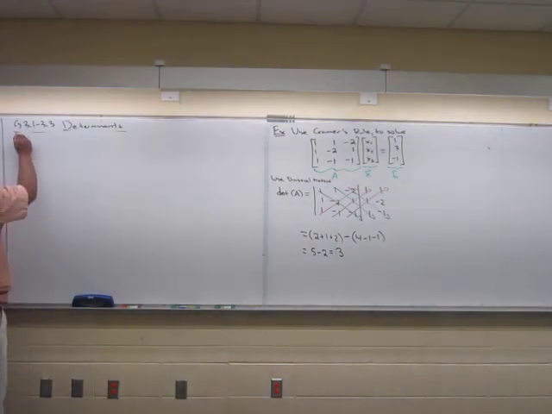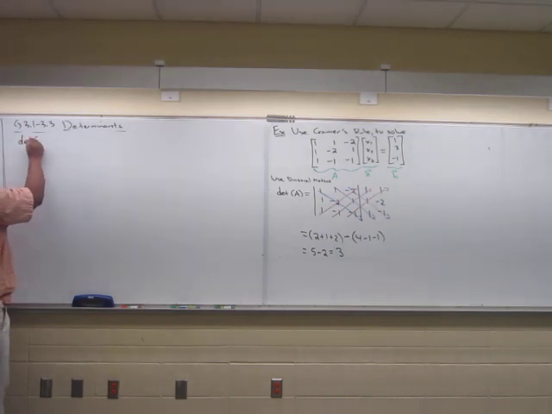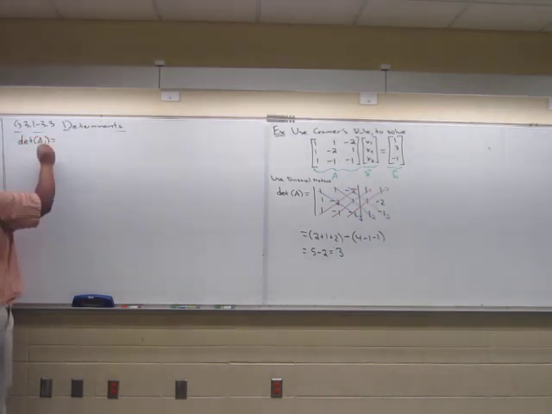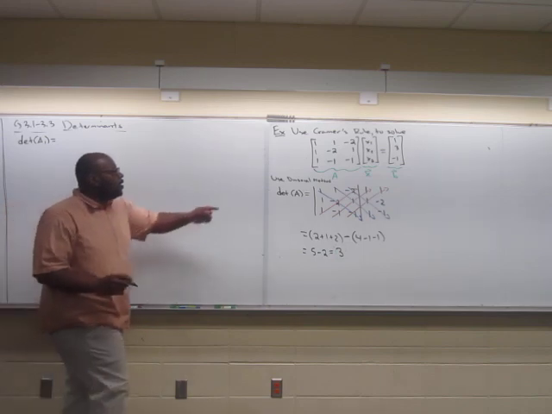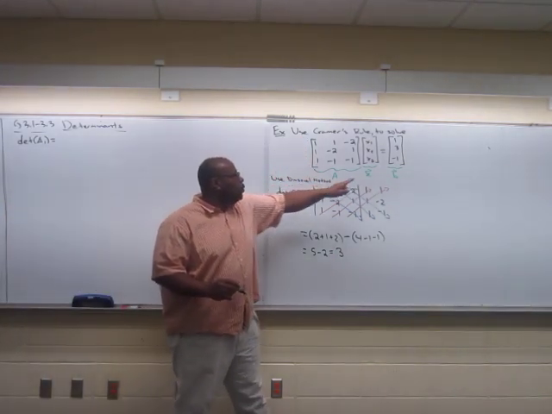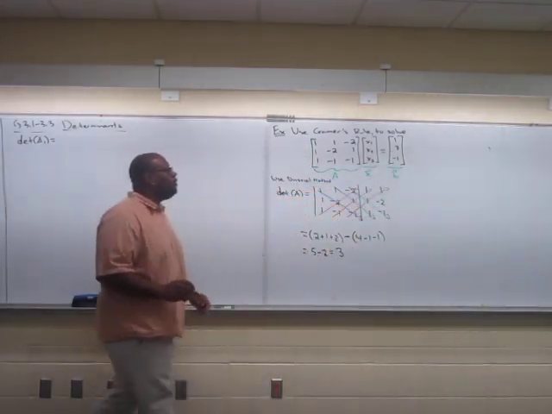Let's look at A1 real quick. So I'm going to find the determinant of A1. Let's try to do this all in one step. I'm going to replace the first column of A with 1, 3, -1 and find this determinant.